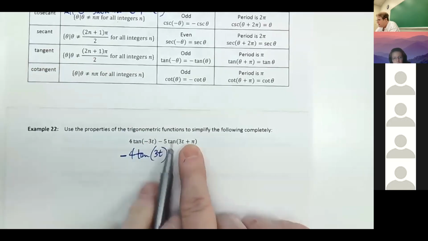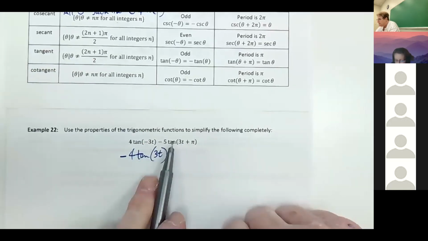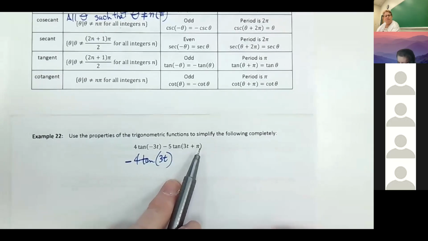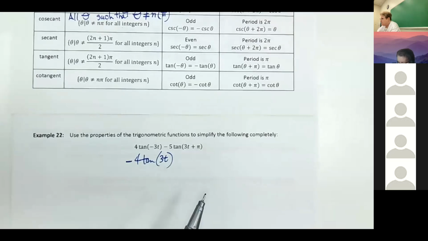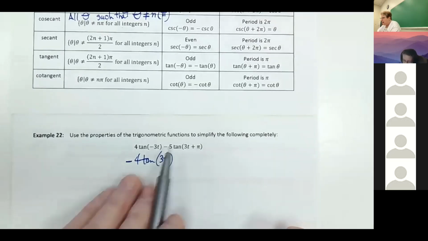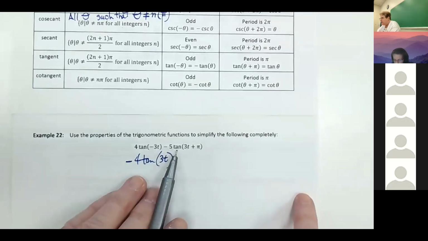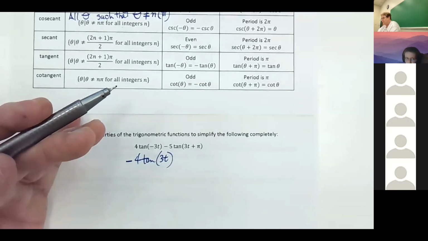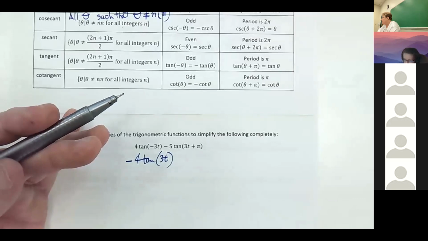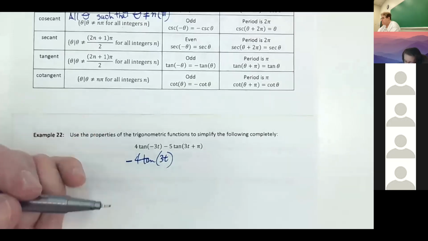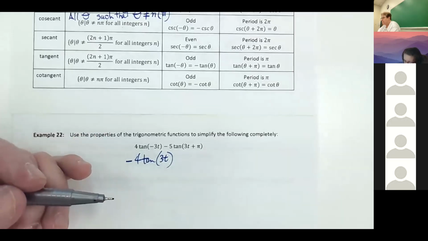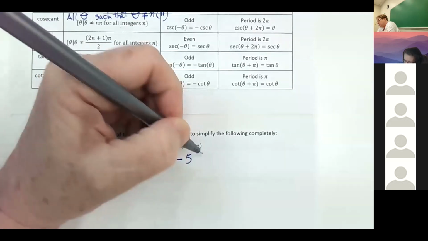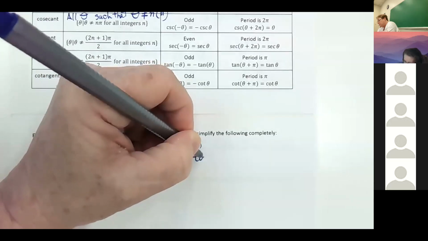And then we've got 5 times the tangent of 3t plus pi. What is the period of tangent? Pi. So how can I rewrite 5 tangent 3t plus pi? What can we just take out? Good. So would it be positive 5?